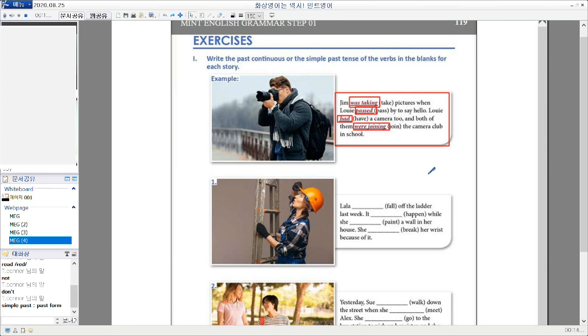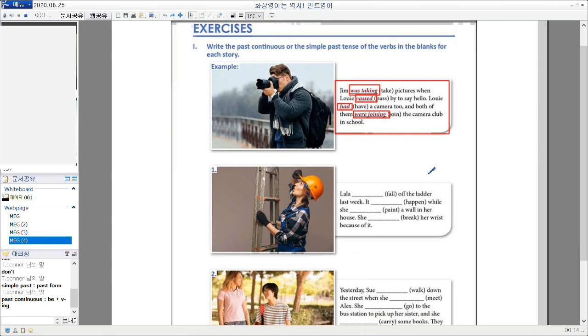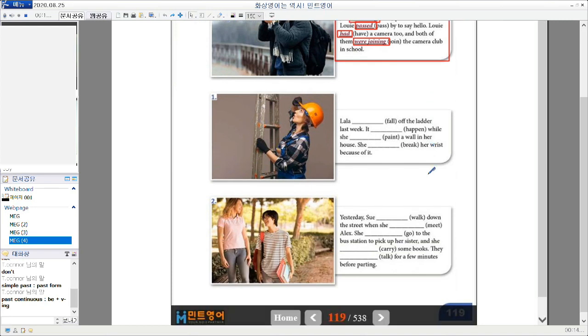For past continuous, you use be verb plus verb ing. So the pattern for past continuous, be plus verb ing. Okay? All right, let's try this one.